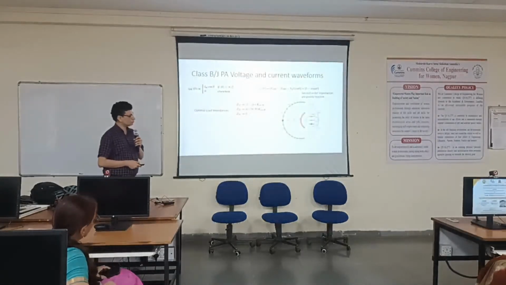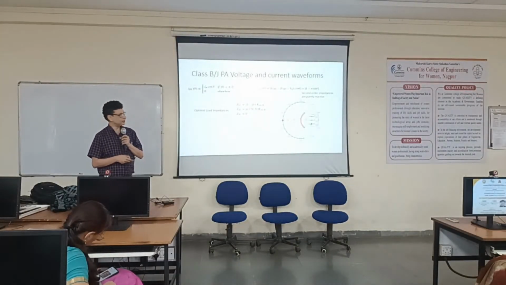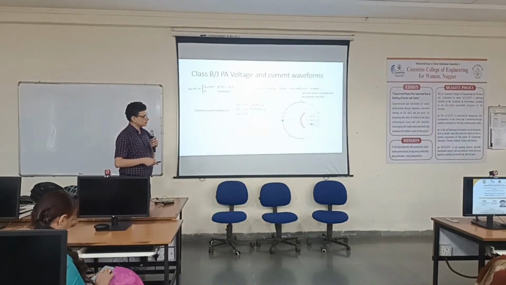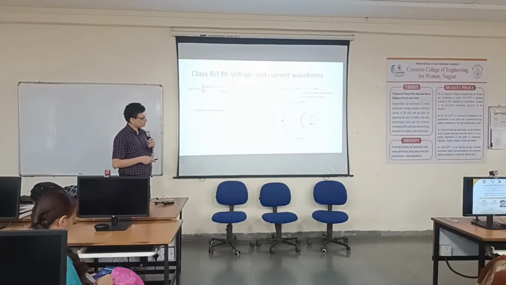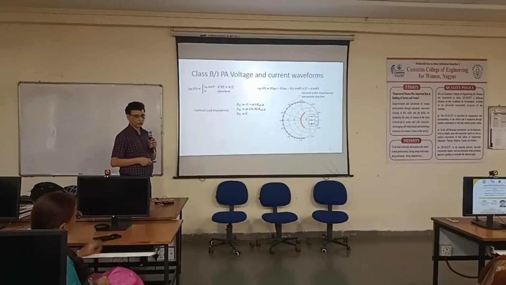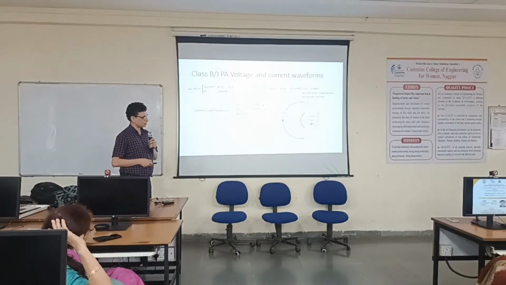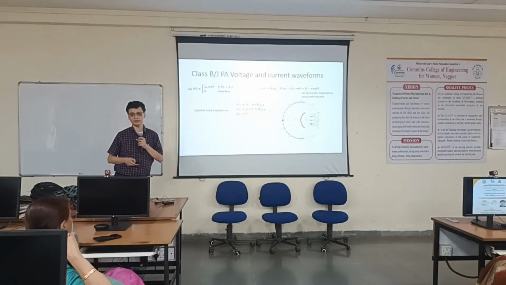Now, this is what was done traditionally. You know that the top half of the Smith chart is inductive and the bottom half is capacitive. If we just follow this load choice, then if you choose loads along this half or along this half, they should give equal efficiency because they are symmetric.